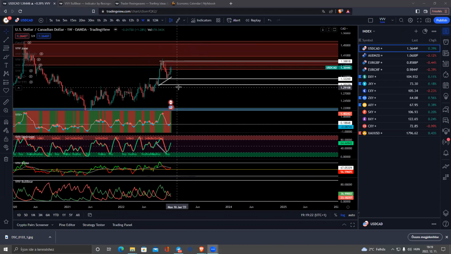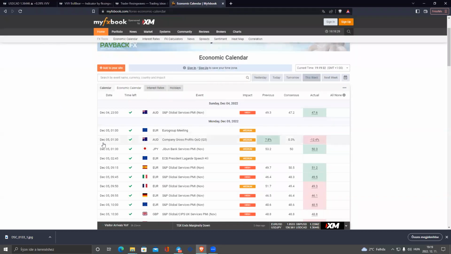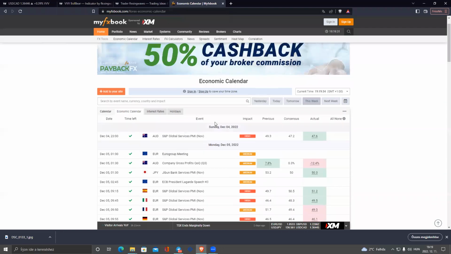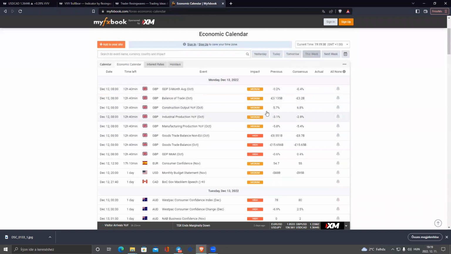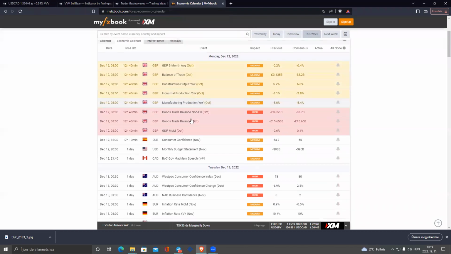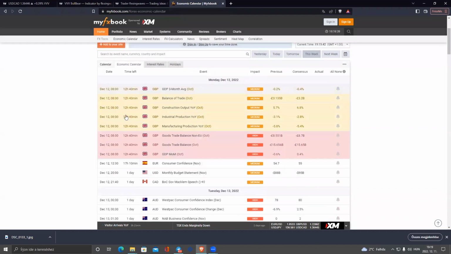Now we are heading to week 50, actually, and I will start with the economic calendar this time. Okay, so what we are seeing, we're gonna start the week with the GBP news. Some of the high volatile news here.